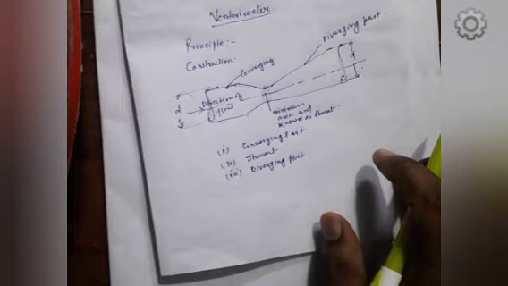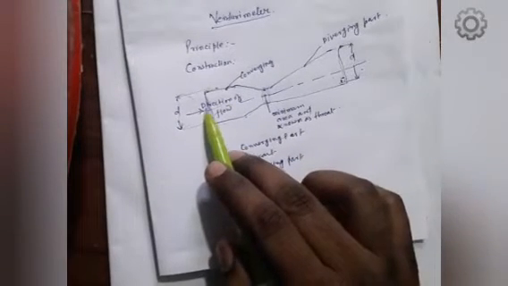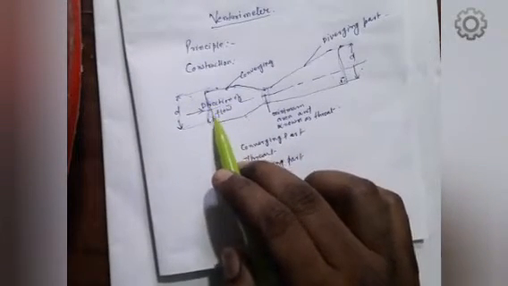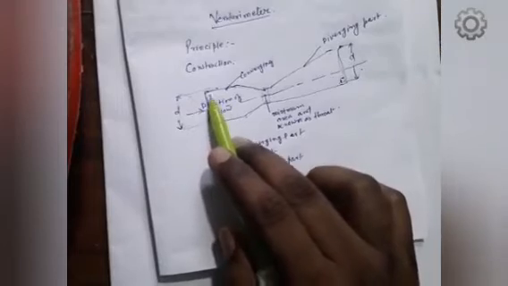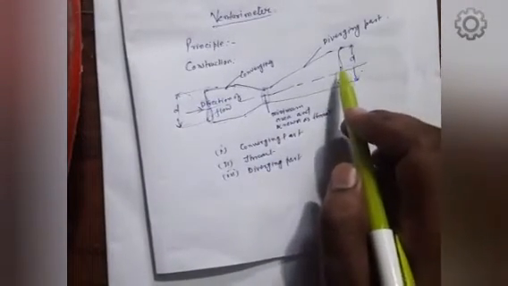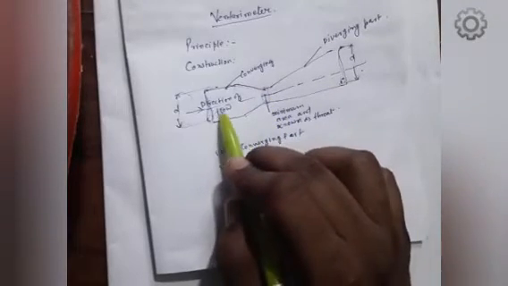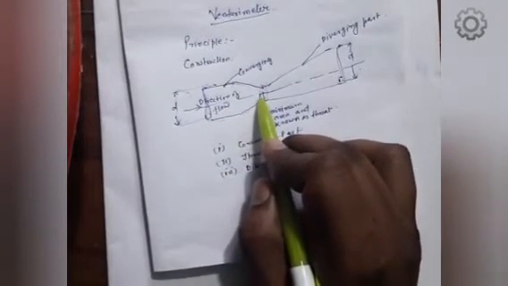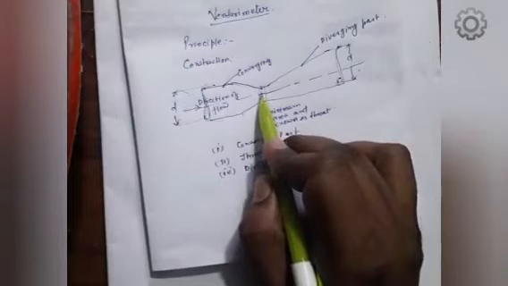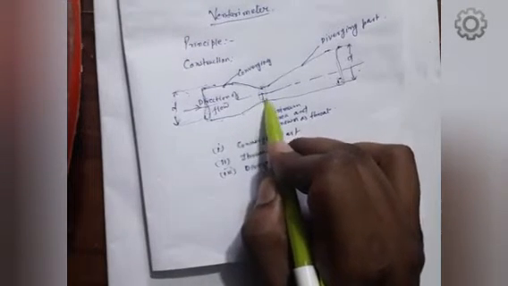And as I said, the principle is very simple. This end of the venturimeter is attached with the upstream pipe, and this end is attached with the downstream pipe, and this is the throat. When the water flows through the pipe, the area is reduced, and this is the minimum area.